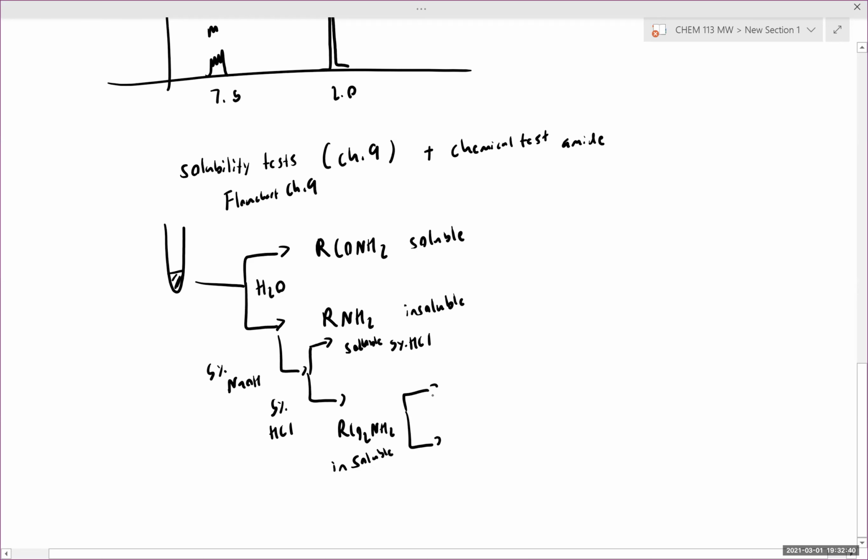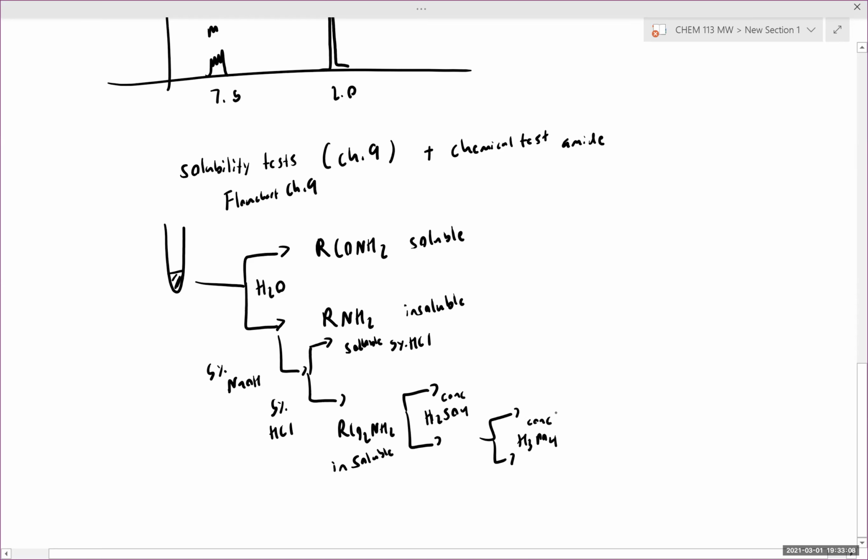Finally, as one last test, we'll be looking at the solubility in sulfuric and phosphoric acid. And in both cases, we would expect to see a positive result, or solubility in concentrated sulfuric and concentrated phosphoric acid.